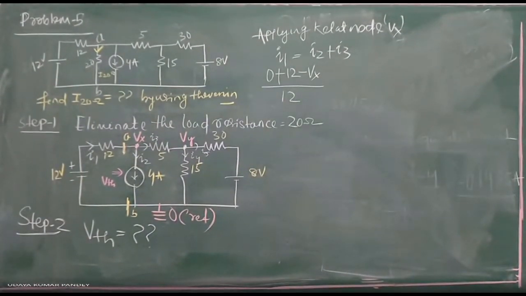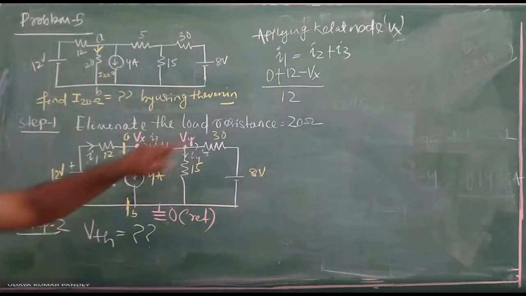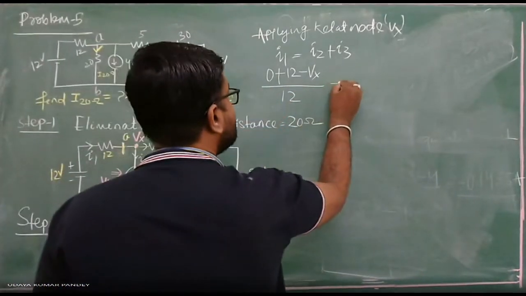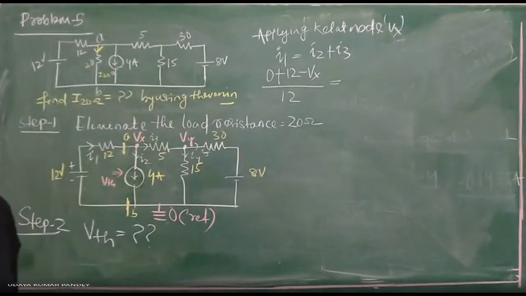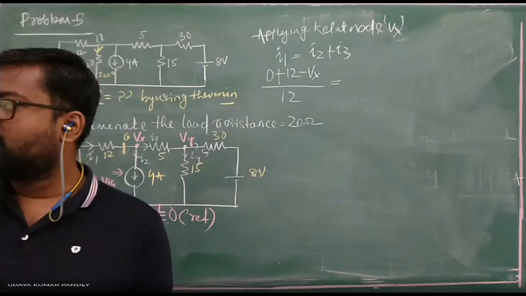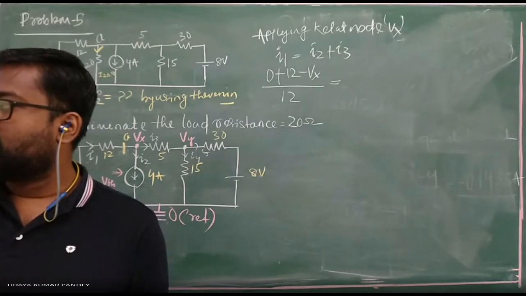okay, 0 plus 12 minus Vx divided by 12. My voice is now audible? Hello? Yes, sir. My voice is audible? Yes, sir.